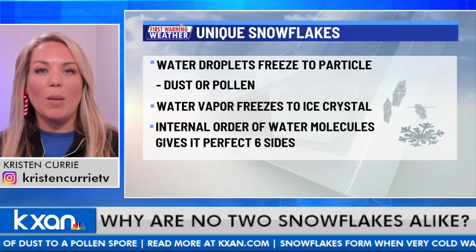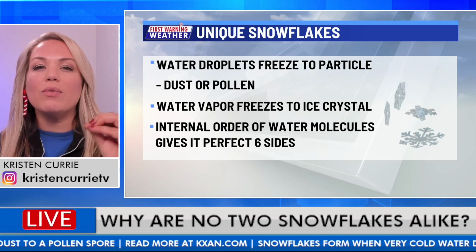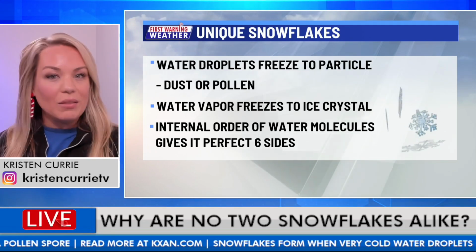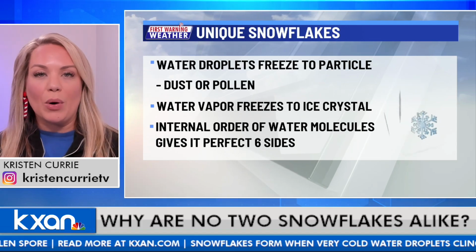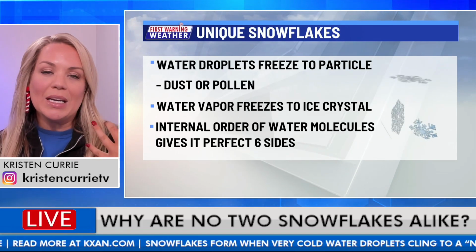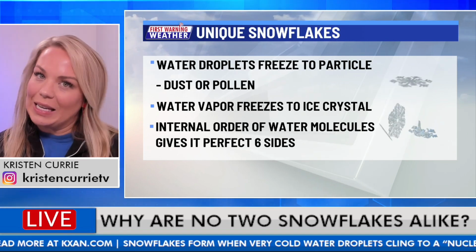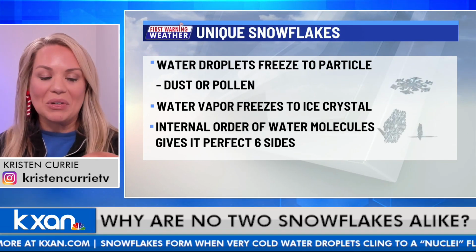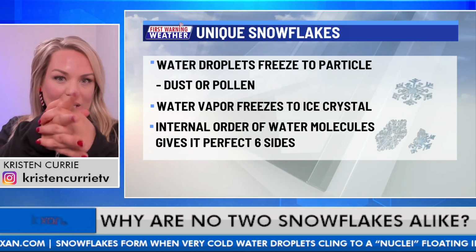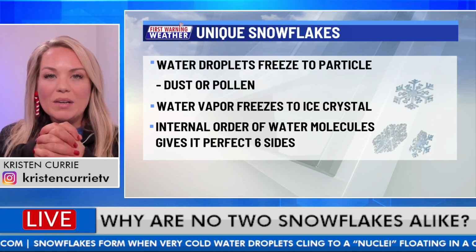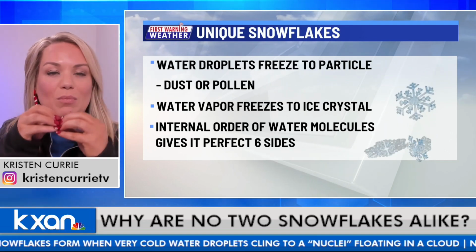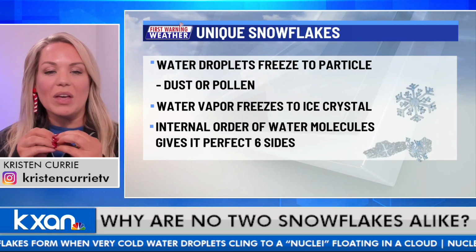Those water droplets that are looking for something to freeze on can sometimes cling to a particle of dust or maybe a particle of pollen, my supercooled water droplets, or liquid water that's technically liquid, although it is an environment that's sub-32. Those water droplets cling to a pollen or a dust particle. That water vapor freezes onto that ice crystal. So now you've got the beginnings of a snowflake there, of that ice crystal.